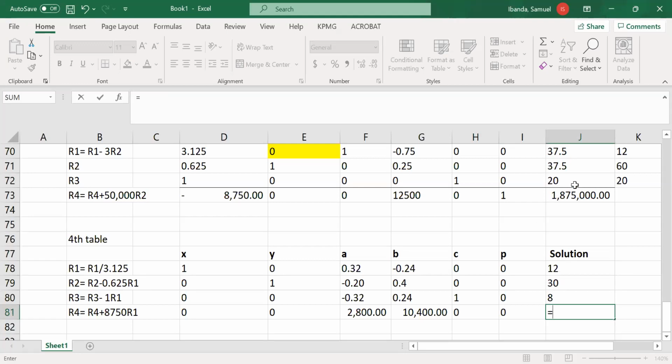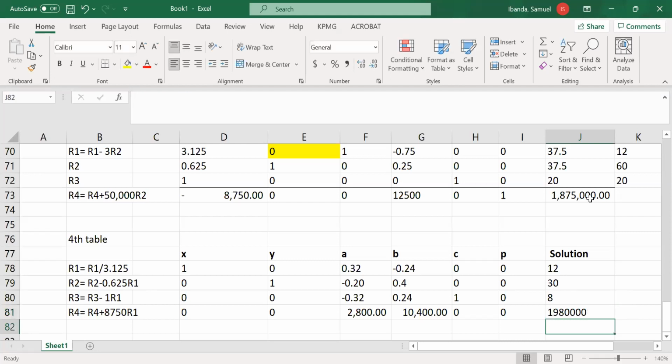It will be R4, which is this 1,875,000 plus 8,750. You should be able to press this on your calculator, times the current R1, which is 12. So it gives us 19,198. So that is what we basically have.